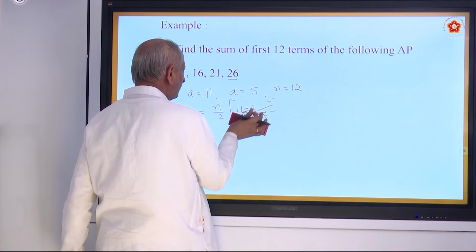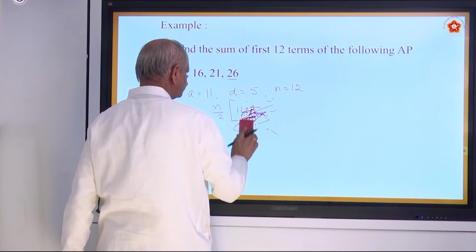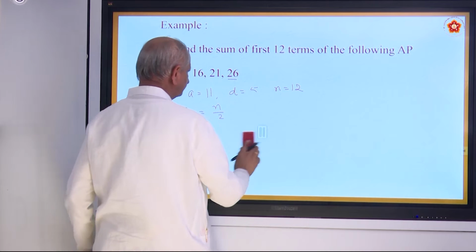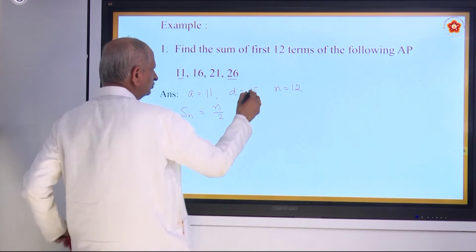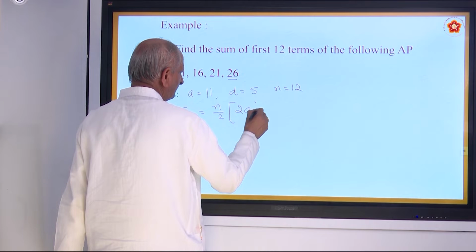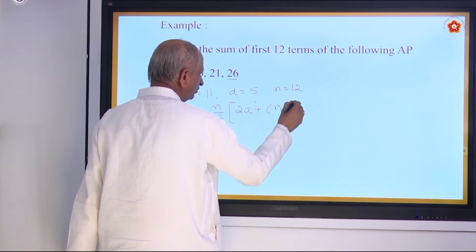So, Sn is n by 2 into 2a plus n minus 1 into d.